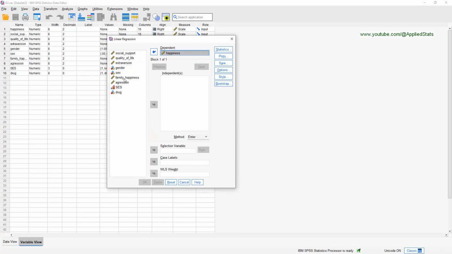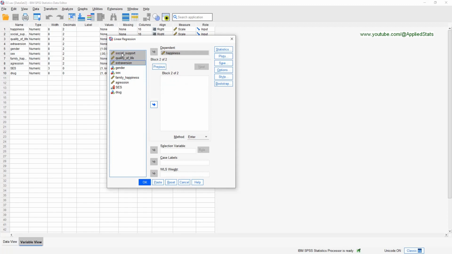In the first block, I send only family happiness. So one variable is your first block. You can send more than one variable in your first block or first step. But for this demonstration, I just send one variable. And then here, click on Next and send your second block of variables.